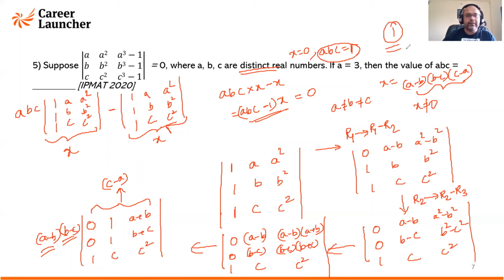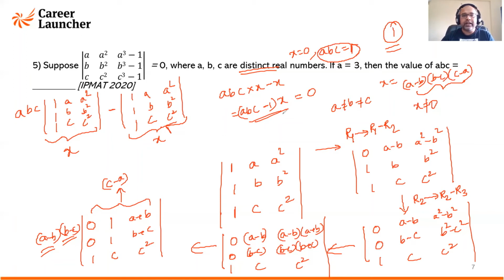It's a bit lengthy for a short answer kind of a question, but I've proved that x should not be equal to 0. In the exam, you can straight away go ahead and write ABC equal to 1 because the logic is they are asking you a short answer. There should be only one answer because the short answer is always a number.